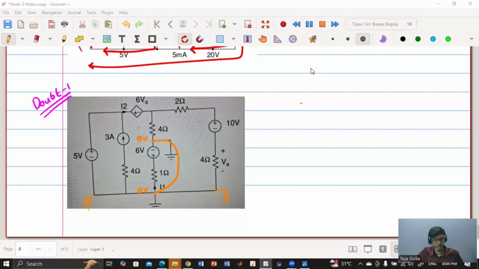Yes, sir. So then, sir, we can neglect the battery and the resistance because it has zero potential. Yes, but I would not say so. Do you think I1 will be zero? No, I1 is not zero. So we cannot just take it out of the circuit. The total voltage across that entire thing is zero, but I1 is not zero.